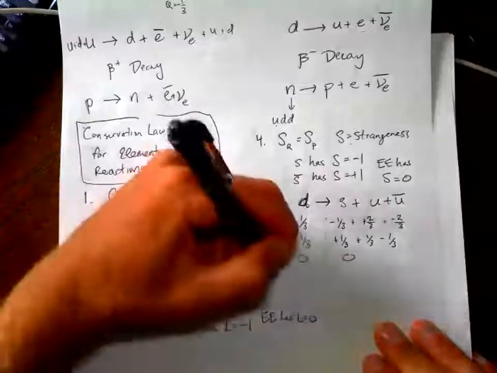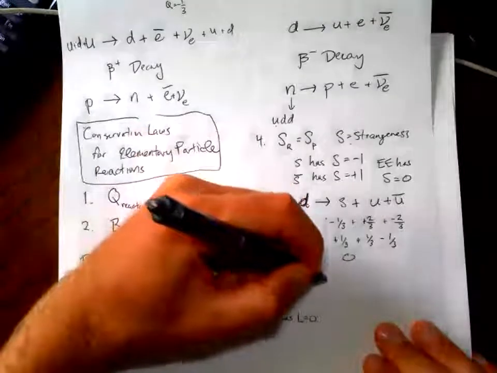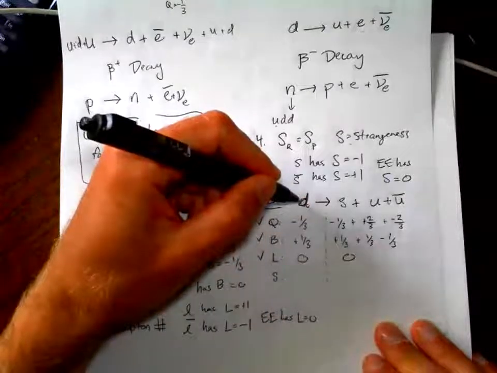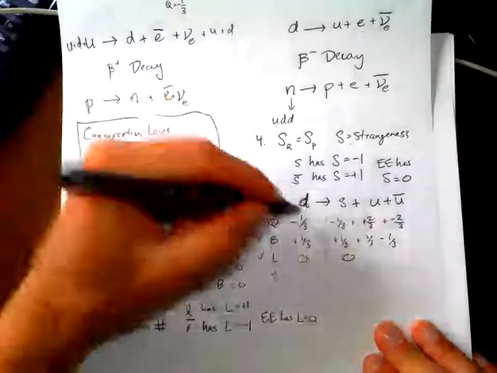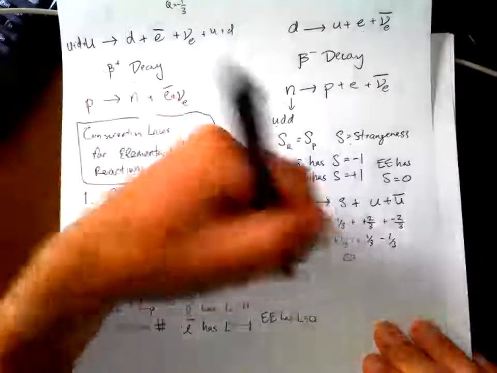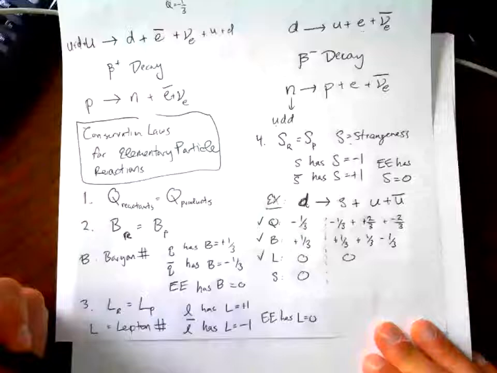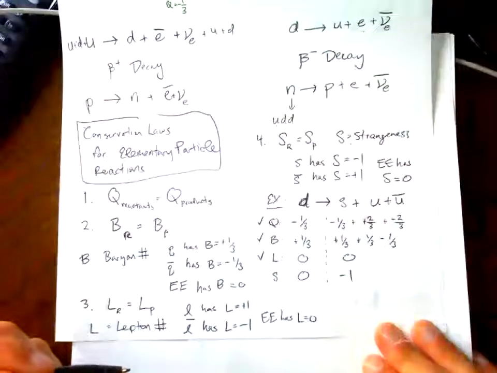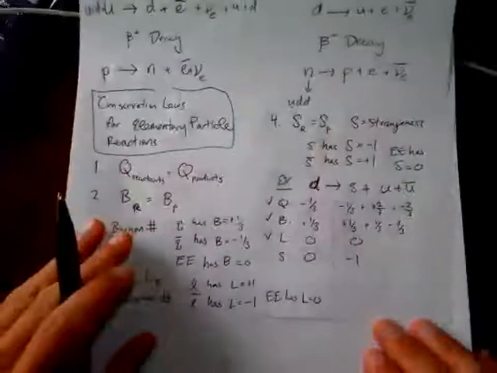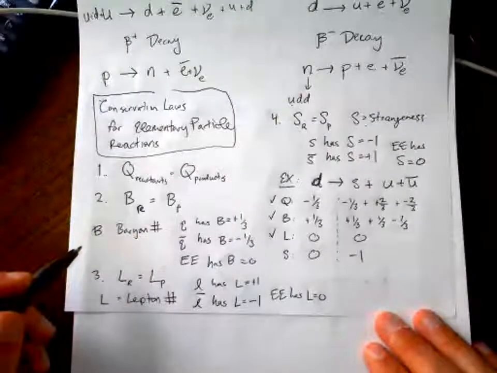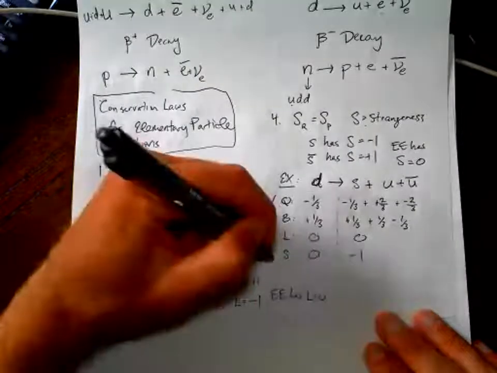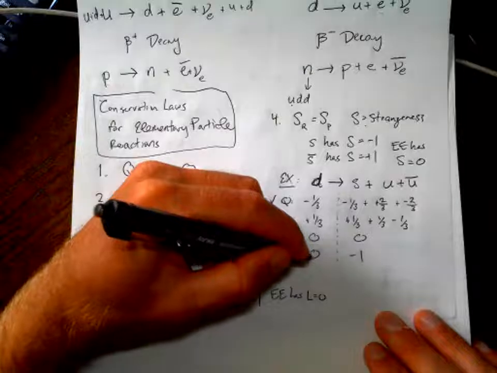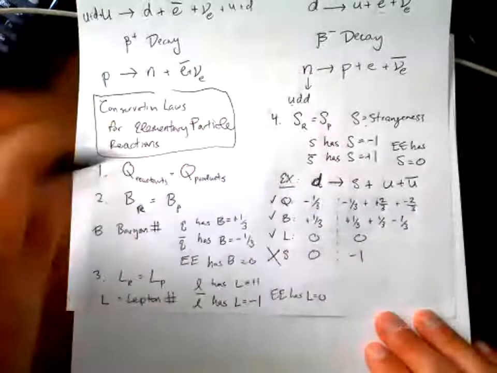We look at strangeness. What is the strangeness of the left-hand side? A down quark isn't a strange quark, so the initial strangeness is 0. This is a strange quark, which has a strangeness of -1, and these two both have a strangeness of 0. So the strangeness goes from 0 to -1, so that could not happen.